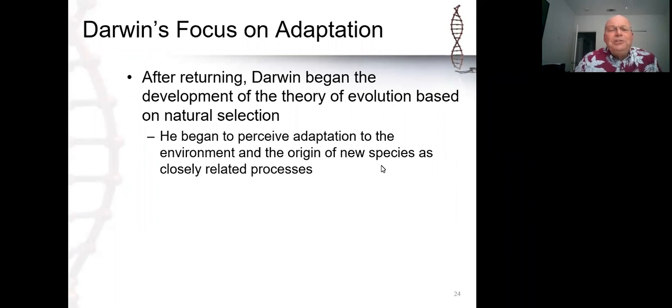So as he started to think about what he had seen, and remember, Wallace is doing a similar sort of thing as he's reaching his own conclusions. Took him a lot more time in terms of observations to come to the same conclusion, but he spent a lifetime collecting organisms. As I said, he collected organisms in South America.